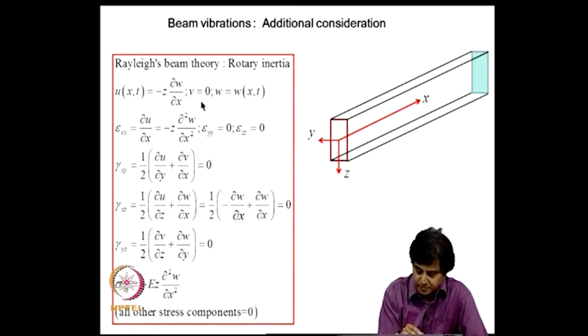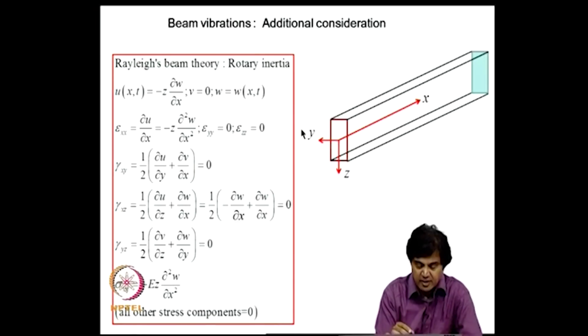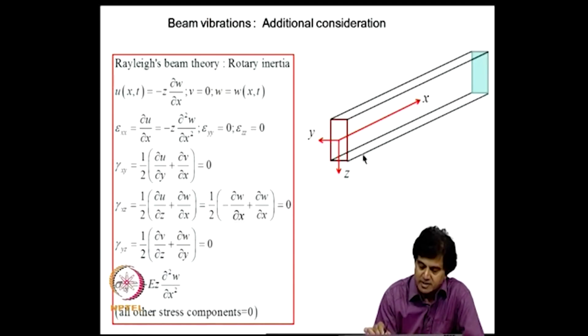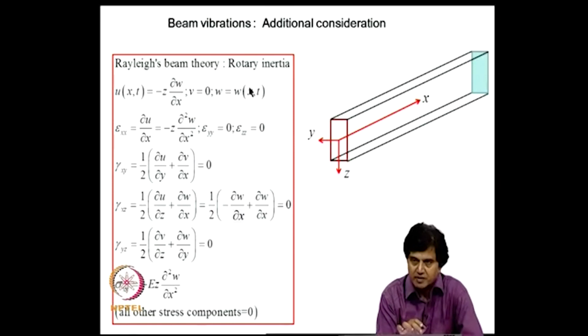V is 0, that means we are not considering deformation along the y axis, and the only deformation that we are assuming is w, which is w of x comma t. That means all cross sections we assume deform by the same amount. Now, this is the assumed displacement field. From this now we can launch our calculations.